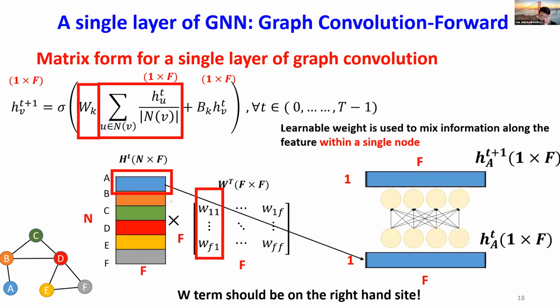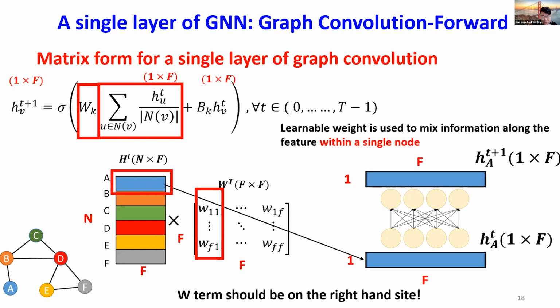So still, if we look into the details about the matrix multiplications, when I put this weight matrix on the right-hand side, we are multiplying the rows in the node feature matrix with the columns in the weight matrix.